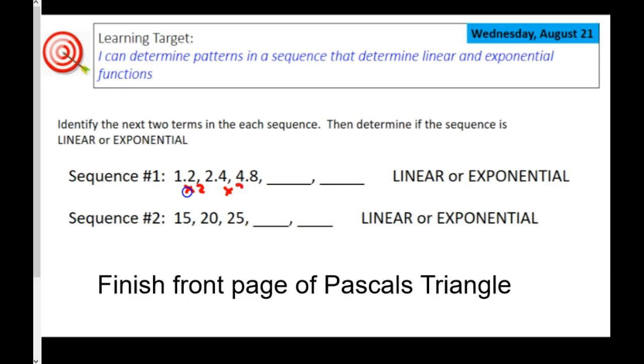2.4 times 2 gives you 4.8. So what's my next term? Times 2. 4.8 times 2 is what?